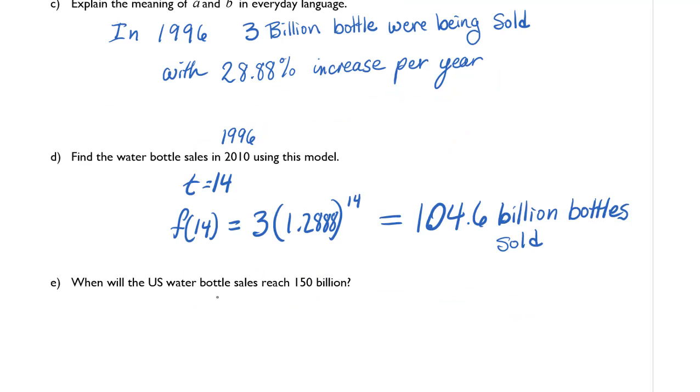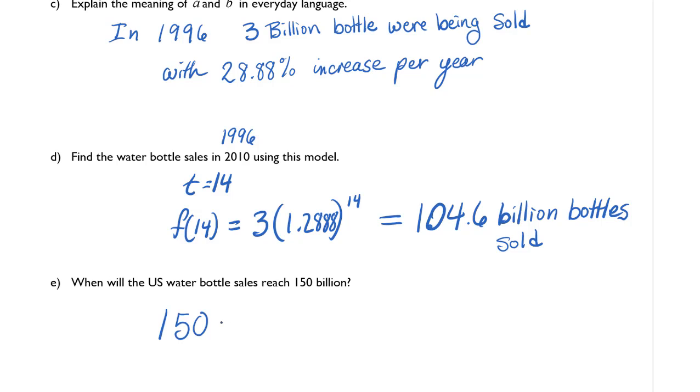When will the U.S. water bottle sales reach 150 billion? Well, now it's not giving you the years since we started calculating. It's now saying how many bottles will be sold, and then you reverse engineer it to figure out what year that would be true.